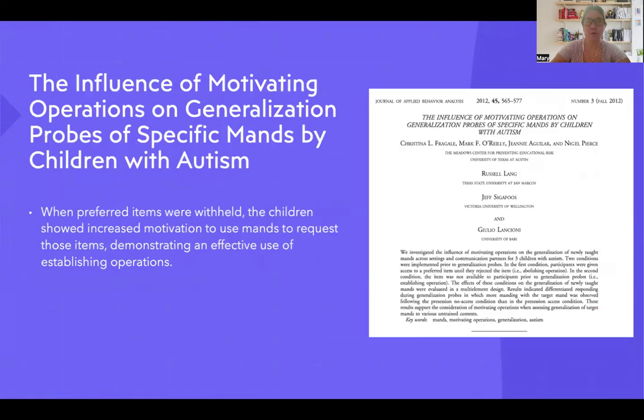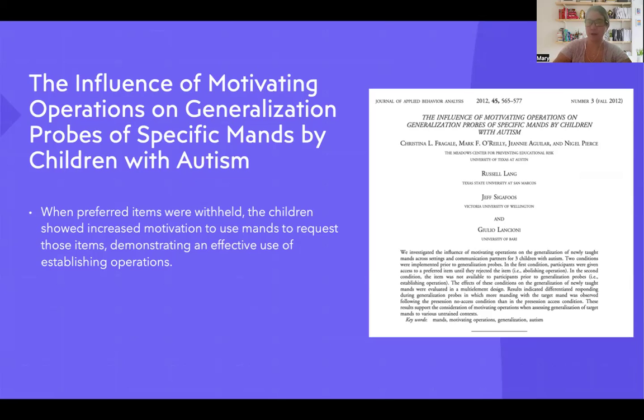And the last article was called The Influence of Motivating Operations on Generalization Proofs of a Specific Mand in Children with Autism. The study was done on three children with autism. The key finding here was that when preferred items were withheld, the children showed an increased motivation to use mands to request those items, demonstrating an effective use of the establishing operation.